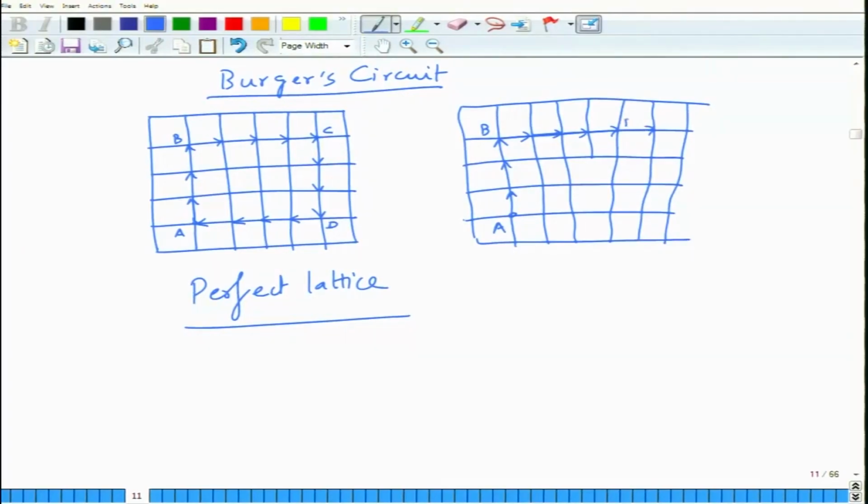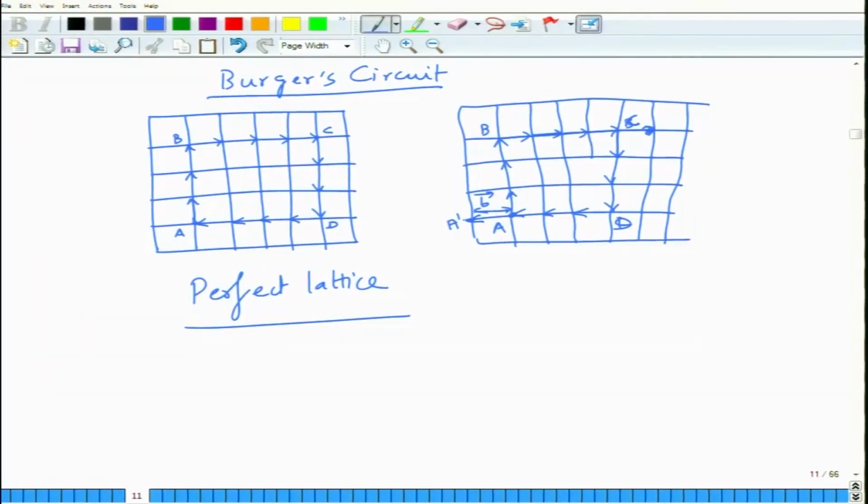Then you go 3 steps down to point C, then to D, and you do not reach A, rather you reach another point, A prime. This is one extra step. This is called the Burgers vector of an edge dislocation.